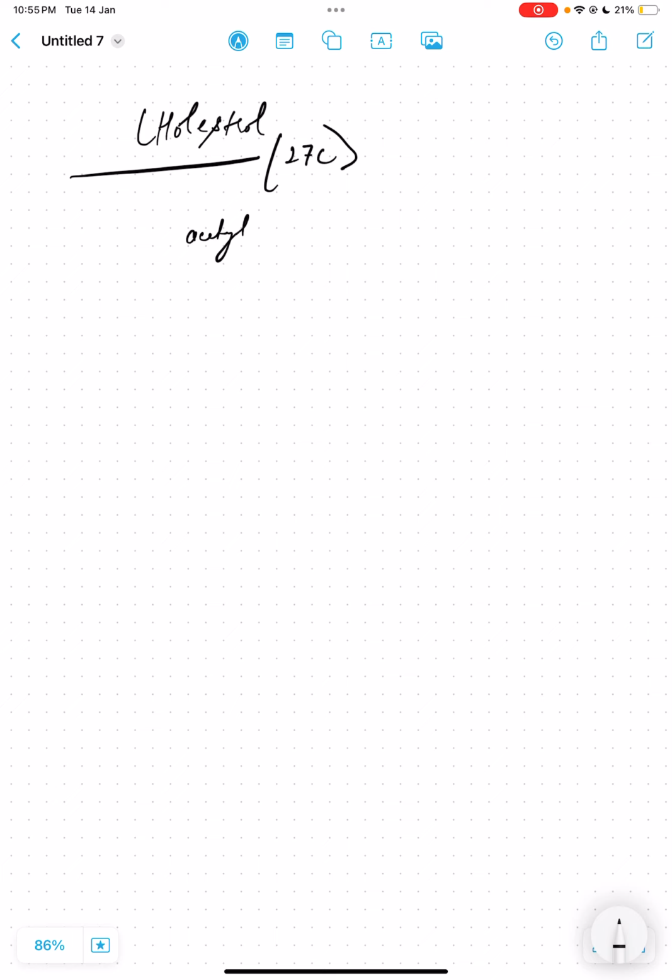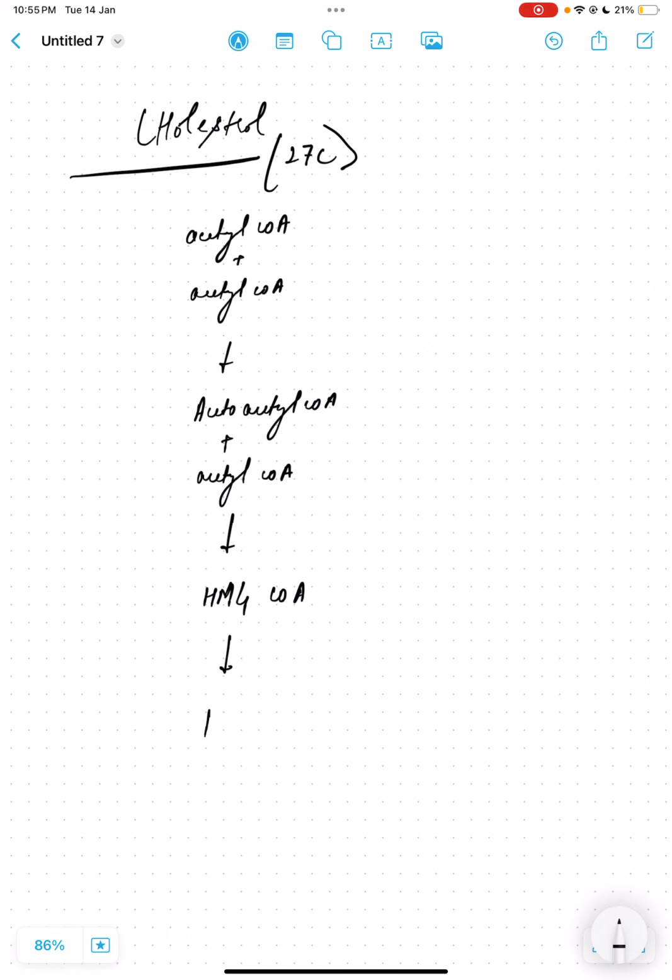Here also acetyl coenzyme A combines with acetyl coenzyme A and forms acetoacetyl coenzyme A. Then acetoacetyl coenzyme A will combine with another molecule of acetyl coenzyme A to form HMG coenzyme A. Then HMG coenzyme A here will form mevalonate.